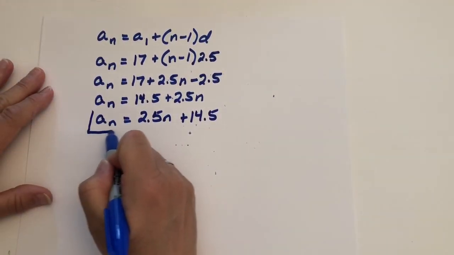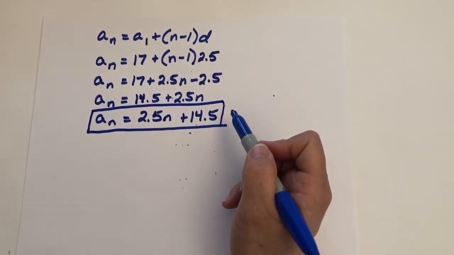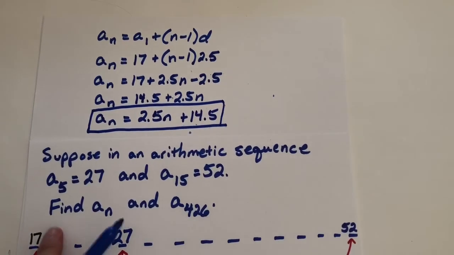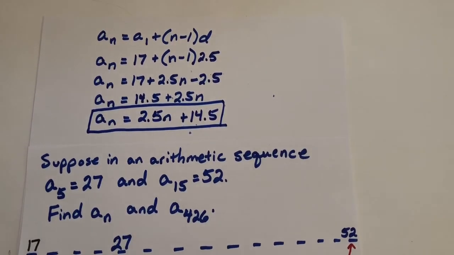So here is our nth term for the sequence that was described right here. And if you're doing a problem, you could confirm that you have it correct. Pop in a 5, make sure you get 27. Pop in 15, make sure you get 52.